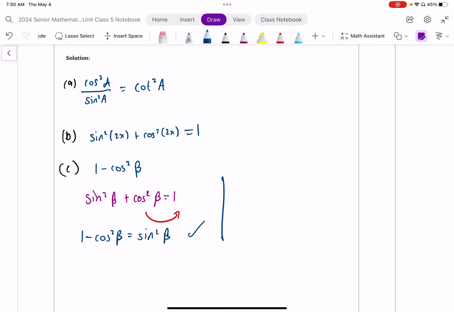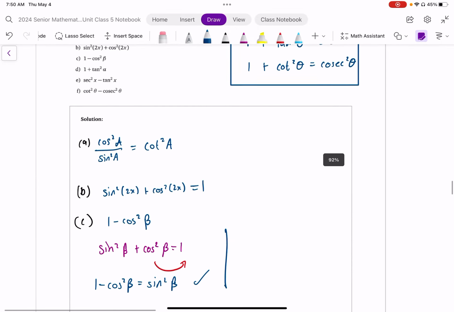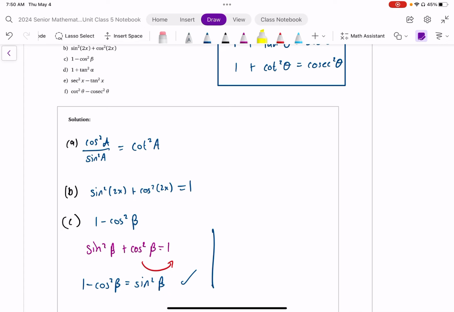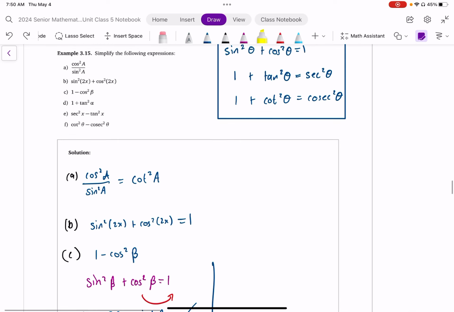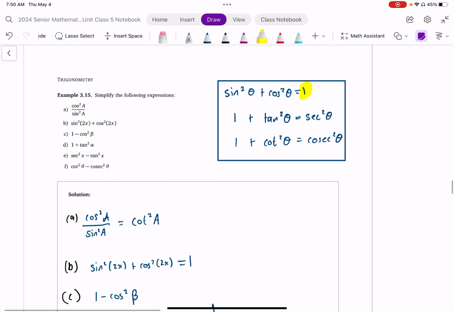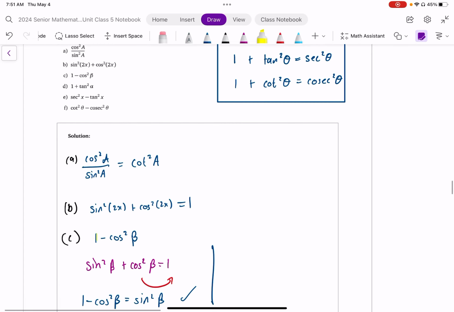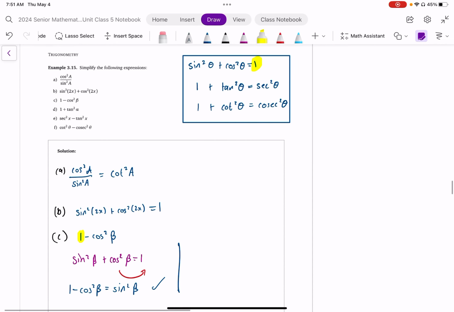Now, another way to approach this is by using substitution in that same result. So I could rearrange the whole equation to make cos squared the subject and sub that in, or I've already got 1 as the subject here, and I've got a 1 here. So what I could do is replace this 1 with a sine squared and a cos squared.